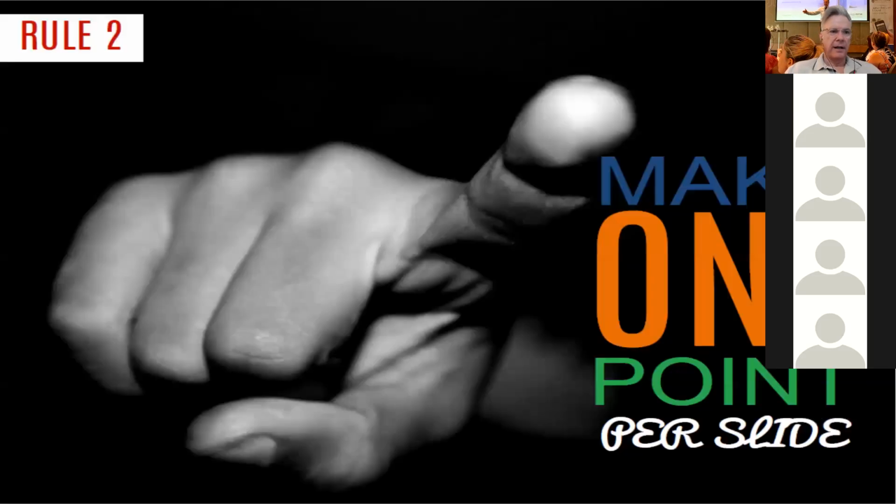Okay, so rule number 2, and of course these are all interrelated, is to try and make one point per slide. So if you've got several points to make and you're using the same data, it might be useful to circle one thing, and then circle something else on another slide.